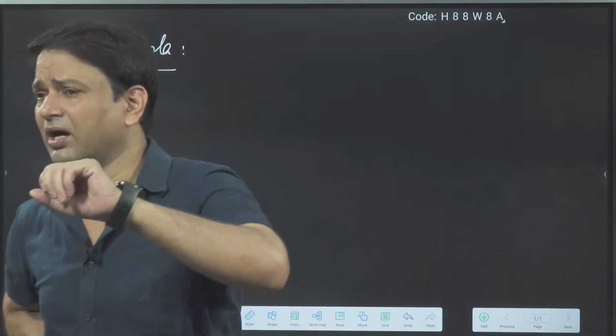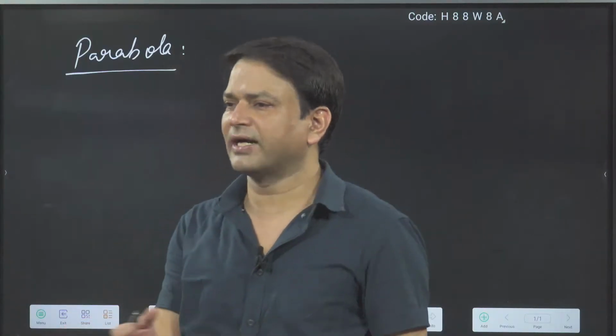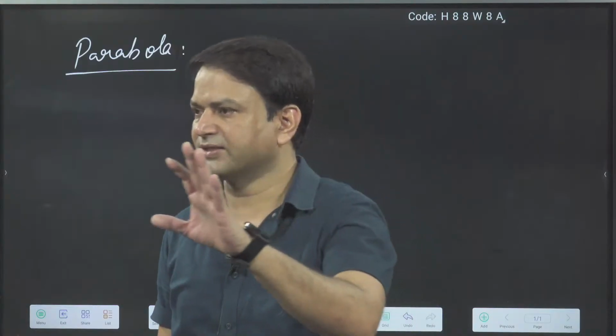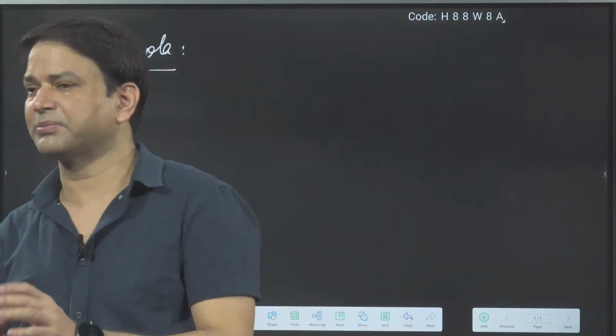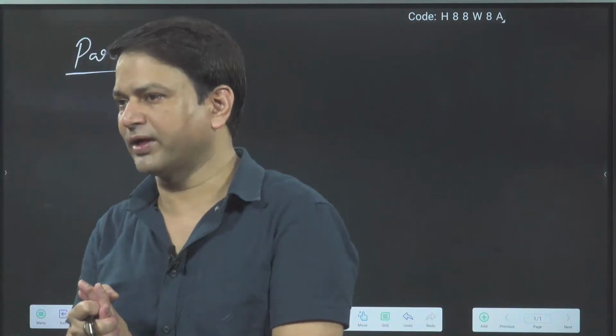A straight line, as I said, is either y = mx + c, or the standard equation ax + by + c = 0. By that we can decide it is a straight line. Parabola, how will we decide? Suppose we have the two variables x and y, and all equations are written in terms of x and y.